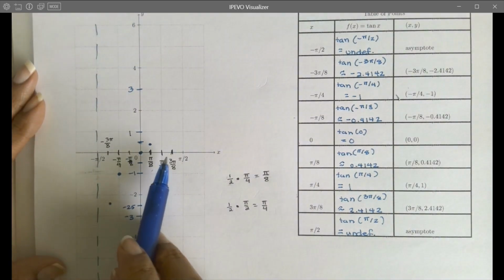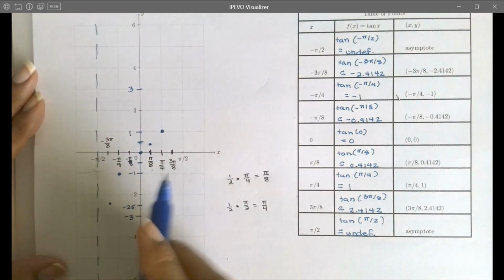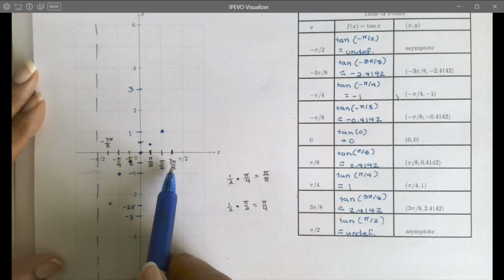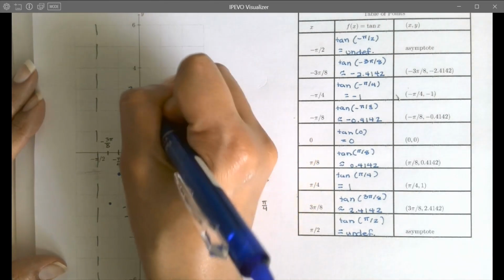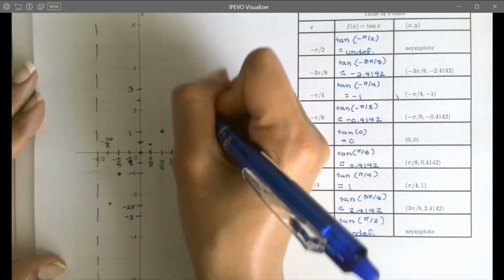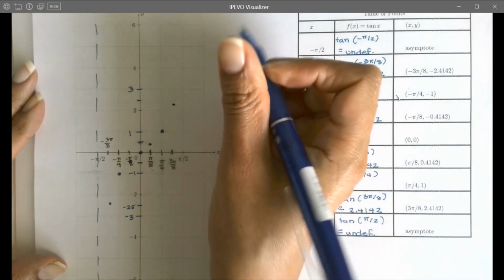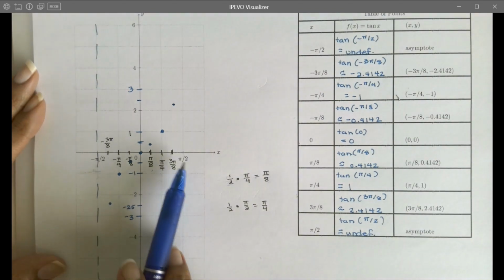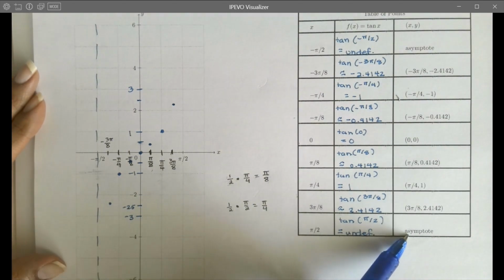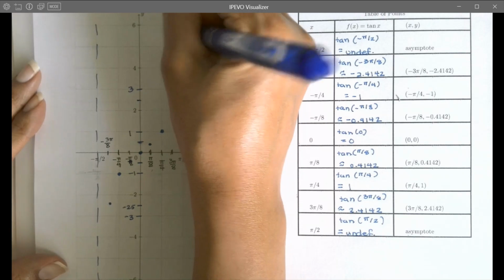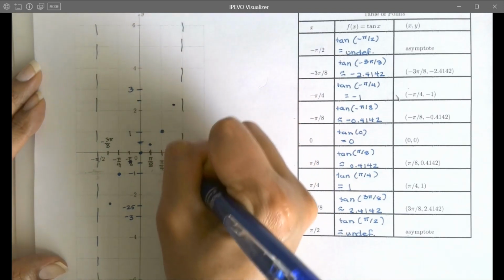Then at pi over 4, we reach 1. At 3 pi over 8, we reach 2.4. So here is 2.5. That means that 2.4 will be right below that line. And finally, at pi over 2, we have undefined again, which means we have this vertical asymptote.